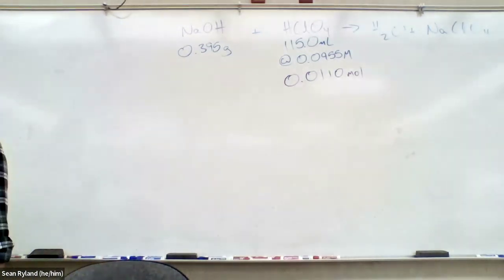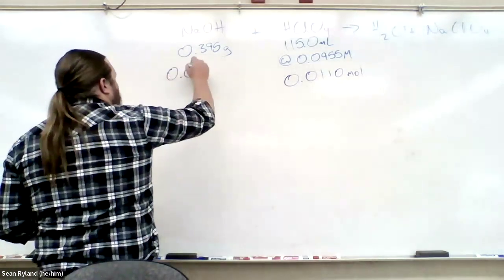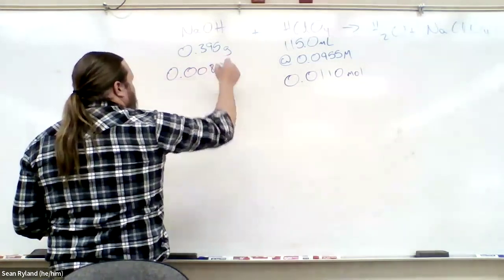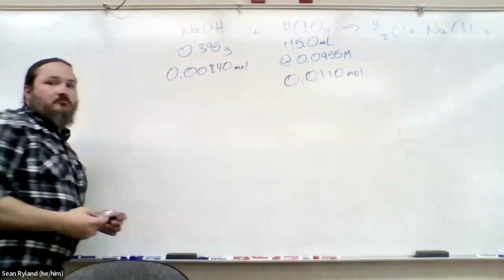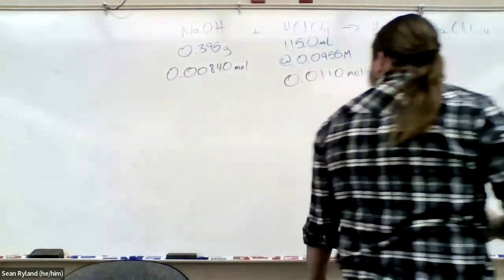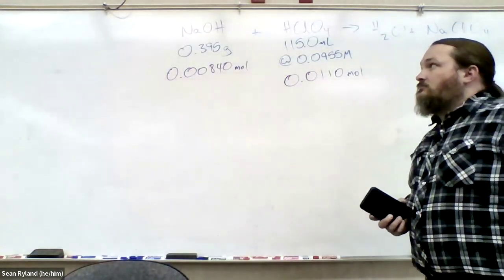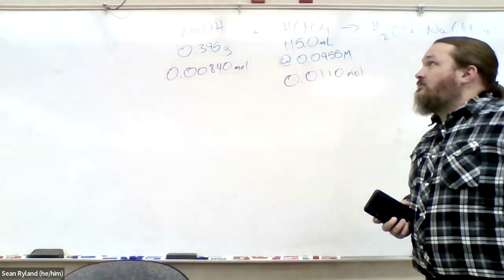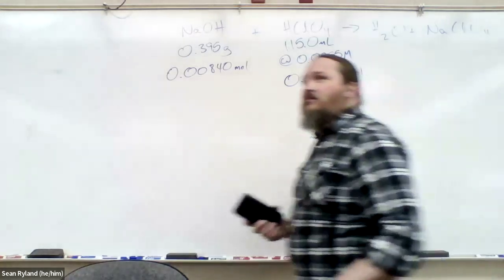How do we get the moles of the hydroxide? Sodium hydroxide is really close to 40 grams per mole.